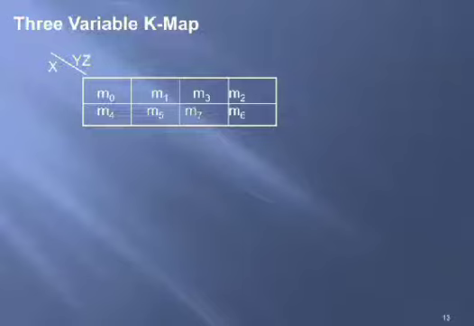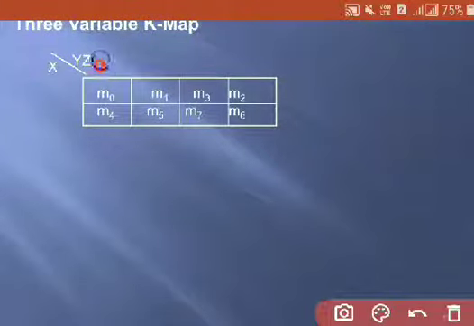Okay, so this is how a three variable K map looks like. Since a three variable K map consists of how many cells? 2 to the power of 3, that is 8 cells. Correspondingly there will be 8 possible minterms, m0 to m7. And since any K map follows gray code, here what you need to write is 0 0, 0 1, 1 1 and 1 0.